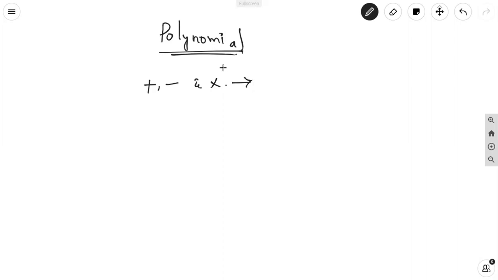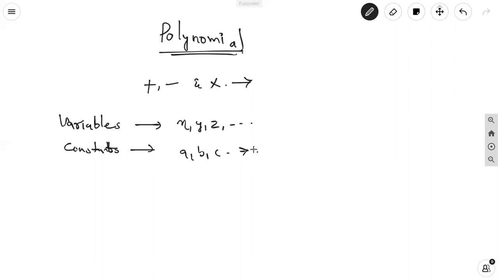The polynomial can be expressed in one variable. Generally, the variables are denoted by small letters, small alphabets like x, y, z and so on. The constants are also taken as small alphabets, like a, b, c.